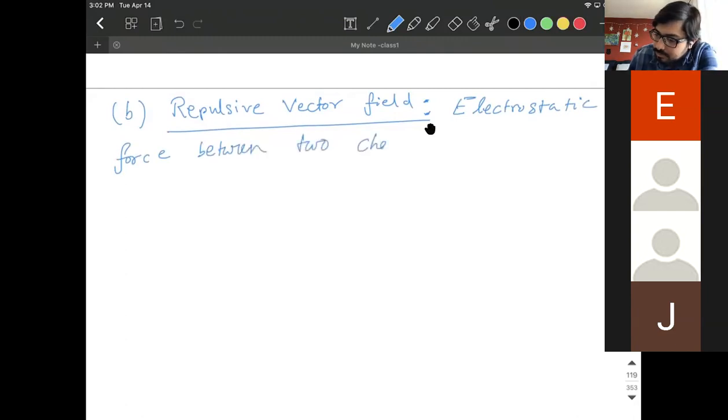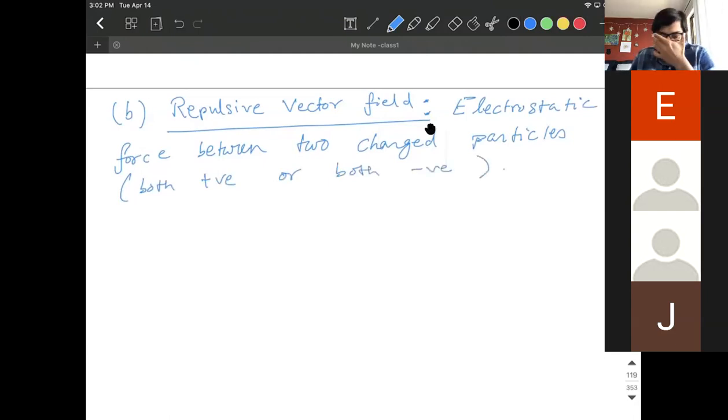Between two charged particles. So maybe both positive or both negative. Then the Coulomb's law.